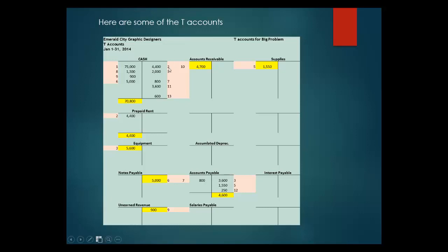Second journal entry, we spent some money on rent, we credited cash, we debited prepaid rent. Third transaction, we purchased equipment, we put $200 down on that equipment, transaction 3, and we agreed to pay later the remaining $3,600, and so forth.